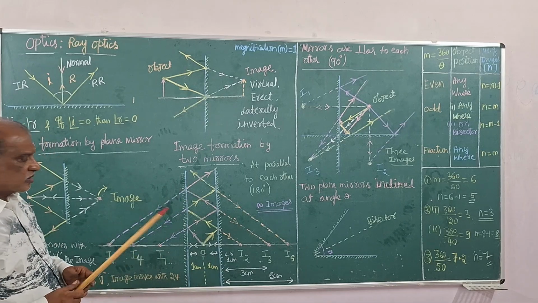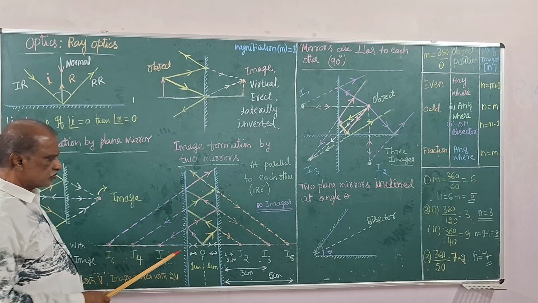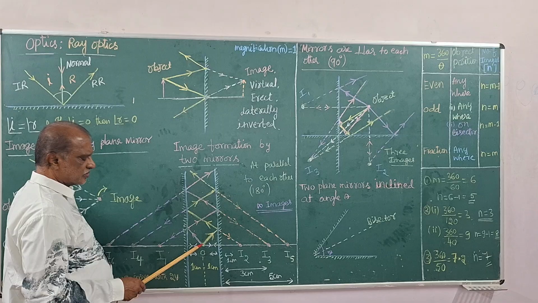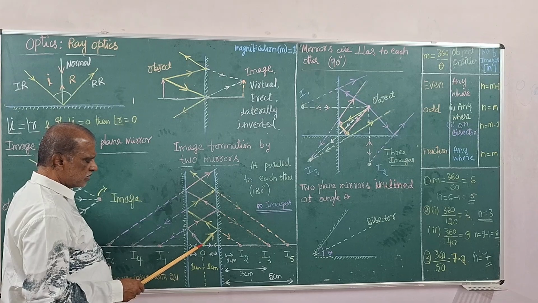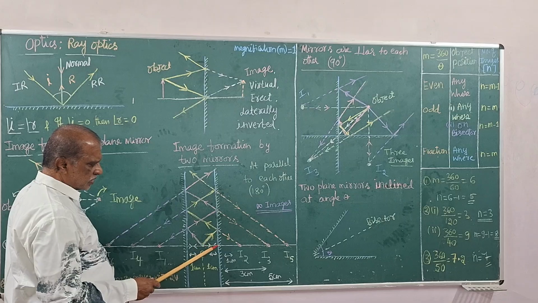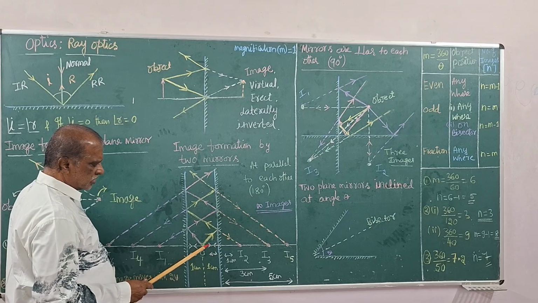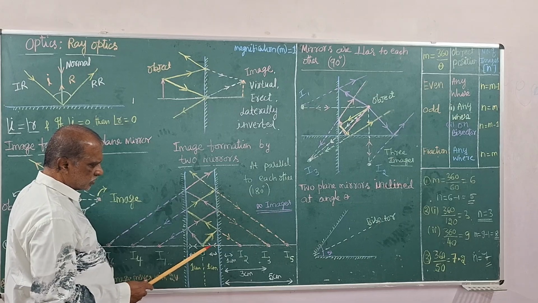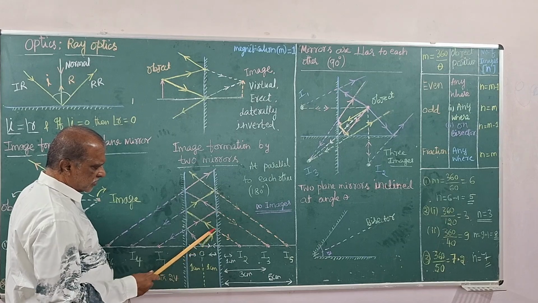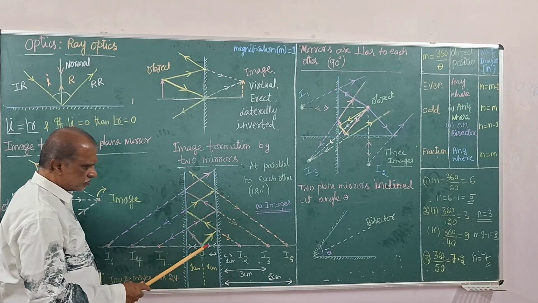What is the reason for that? The reason is to apply the law of reflection. From this point, take the incident ray on the normal, with the reflected ray on this side. I am talking about the object reflecting on this plane mirror.